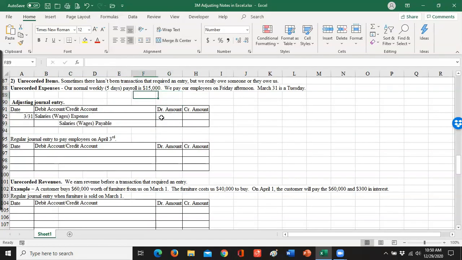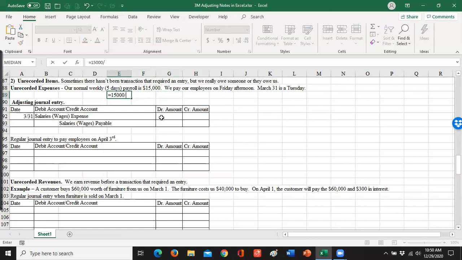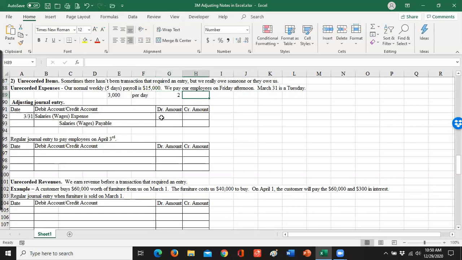So the amount is 15,000 divided by 5 is 3,000 per day, and it's 2 days. So we owe them $6,000 for those 2 days. So that's our adjusting journal entry.